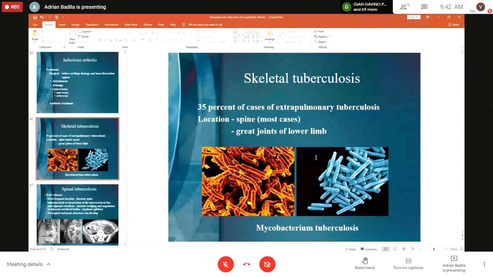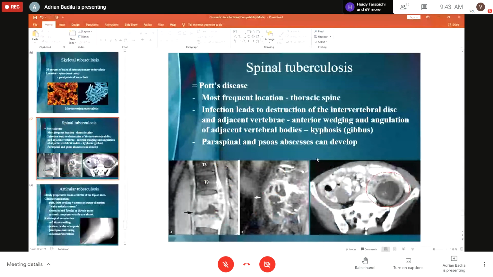It's an infection produced by Mycobacterium tuberculosis. The spinal tuberculosis is called also Pott disease.